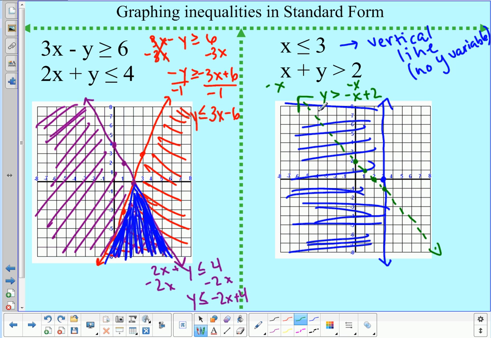I'm going for solutions that are greater than. So I go above. The overlapping region is right in here, where the blue and the green are both in the same spot. Is right in here. So there is my solution set.